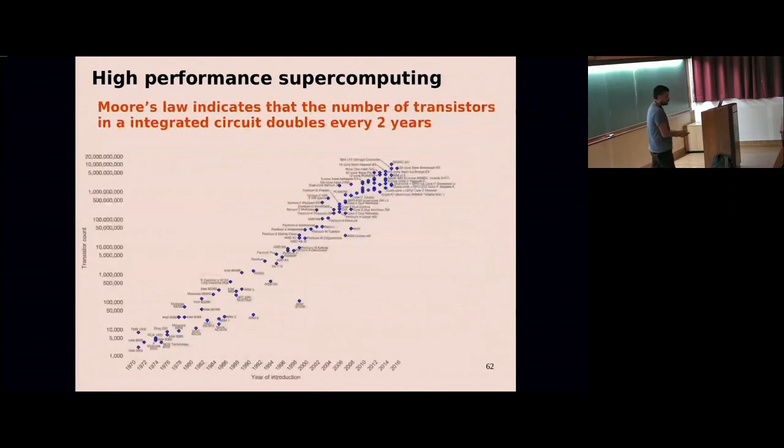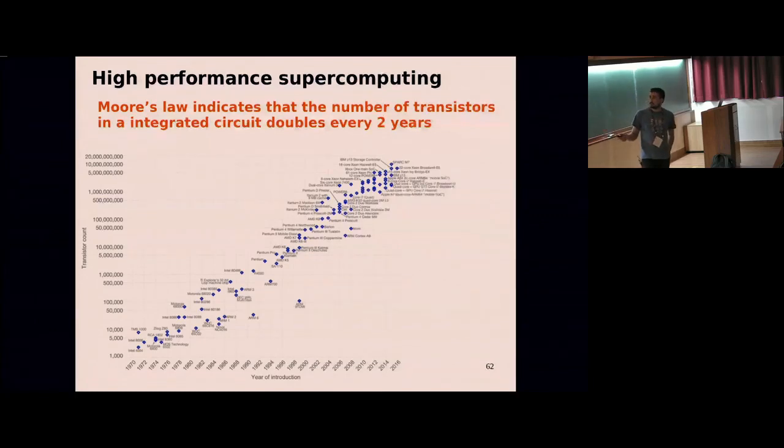If you like computers, or if you have been interested in this type of problems, you might have heard of Moore's law, right? Moore's law was an observation made by an engineer in the 70s at Bell Labs, who noticed that the number of transistors in an integrated circuit doubles every 2 years. And actually this trend has continued all the way up to today.